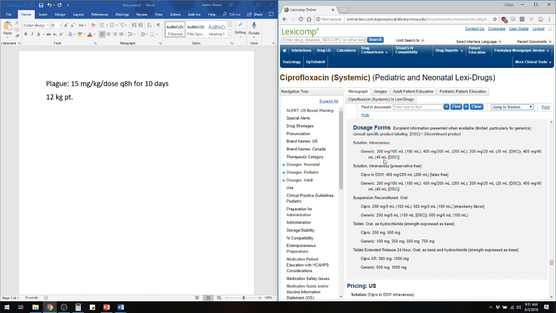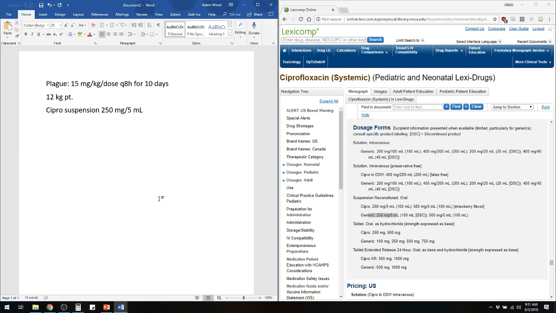Some are IV, some are oral. Solution intravenous, I don't want that. Solution intravenous, I don't want that. Suspension reconstituted, that's the one I want. I see here it's Cipro, they have the brand name and the generic. This one is 250 milligrams per 5 mL. Let's go with that. So Cipro suspension comes as 250 milligrams per 5 mL.